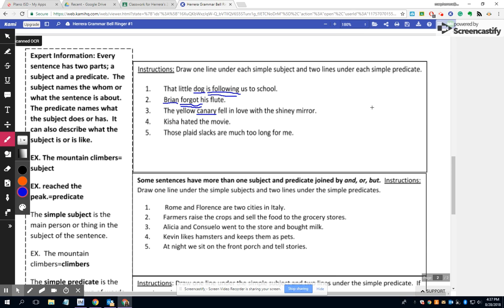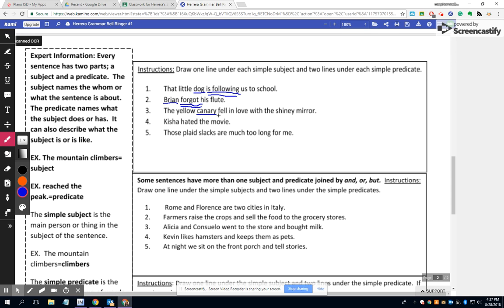No, it doesn't. So what is the canary doing? It fell in love. In is a preposition, and therefore in love is a prepositional phrase, and therefore it cannot be the predicate of the sentence.